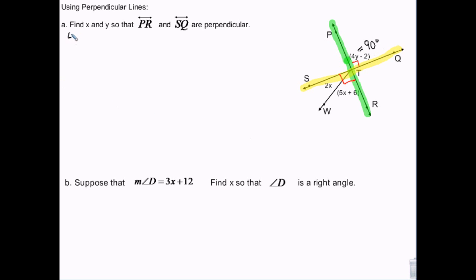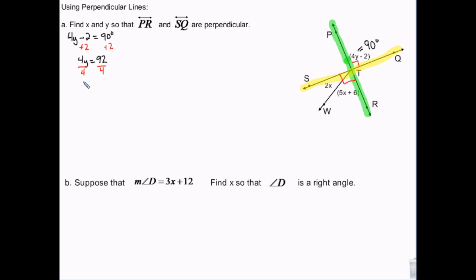So I'm going to set 4y minus 2 equal to 90. Add 2 to both sides, and you get that 4y is equal to 92. And then you want to divide by 4.